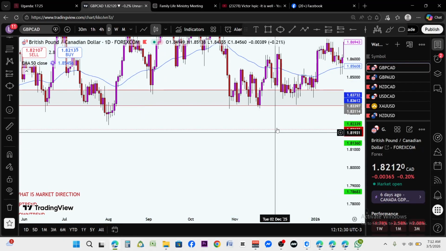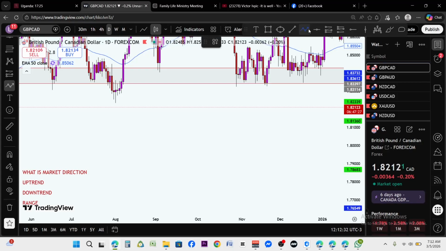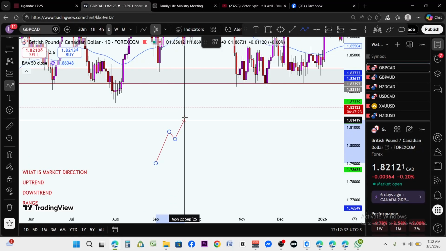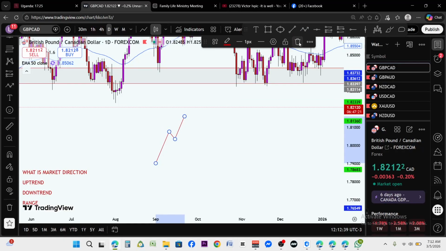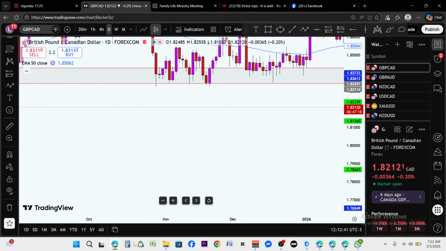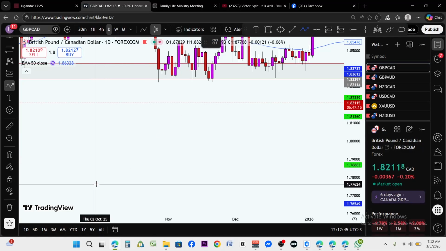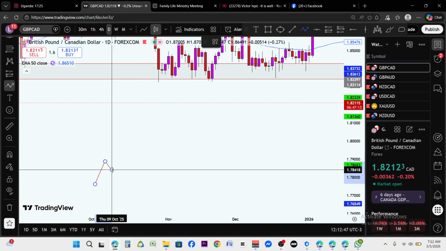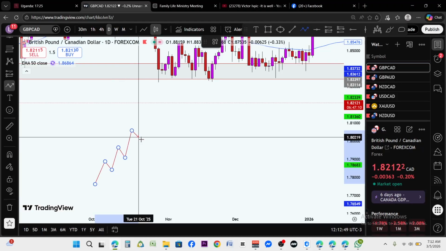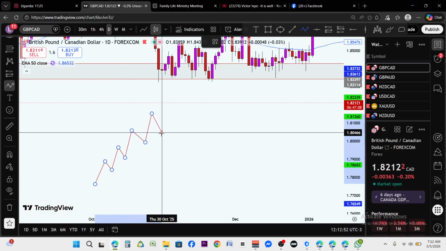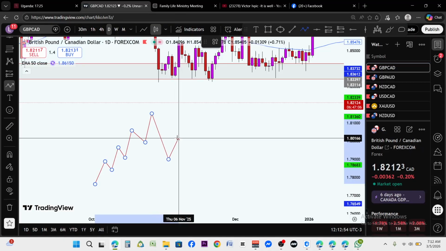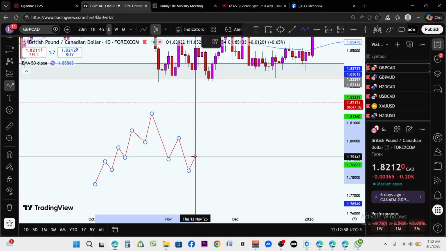Before we come to the chart, let me show you a simple structure here. An uptrend market is higher highs, higher low, higher highs, higher low. Then another shape of structure, a downtrend market: lower low, lower high, lower low, lower high.